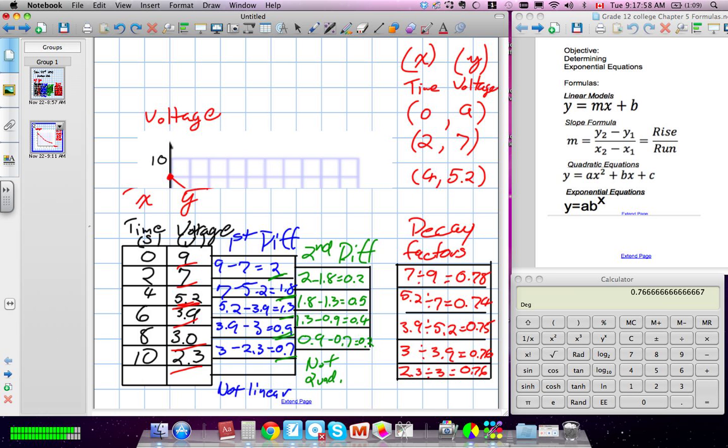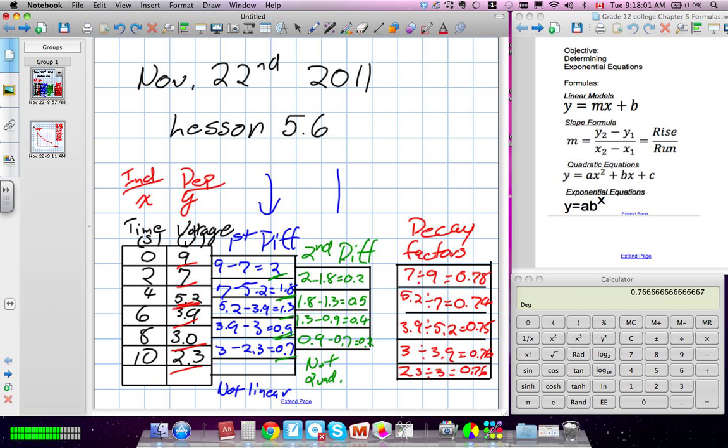That's why on our other page, we took the data, we found the first, second differences, and decay factors. And that was the best way to go about finding which regression model worked best. So just by graphing, it can sometimes be very difficult by our eye to tell which model works best. So we have to make sure we remember all three of these rules: first, second differences, and decay factors.